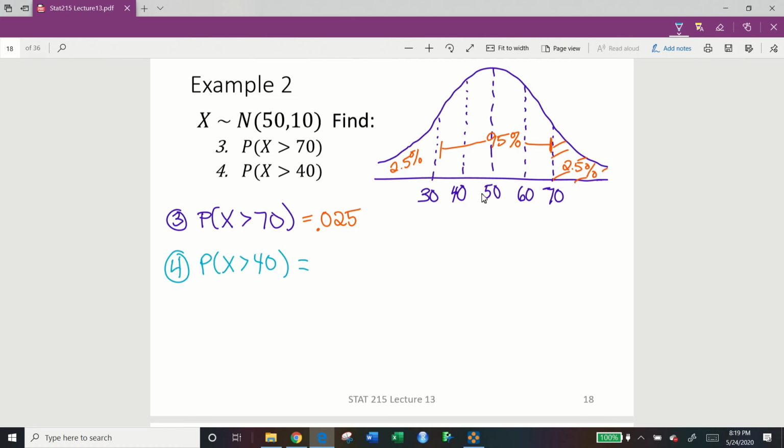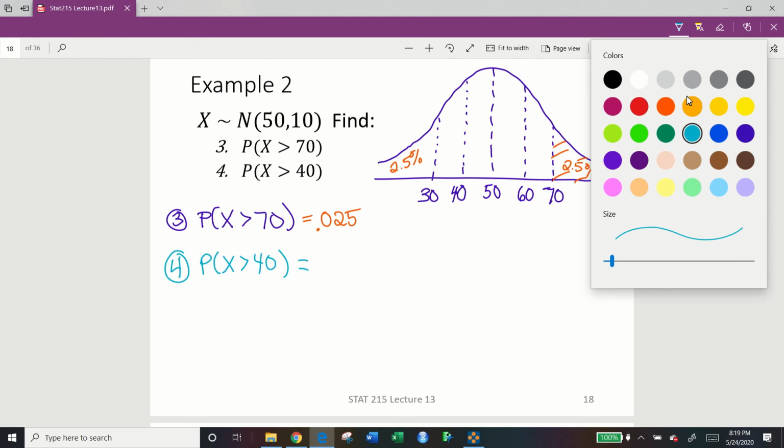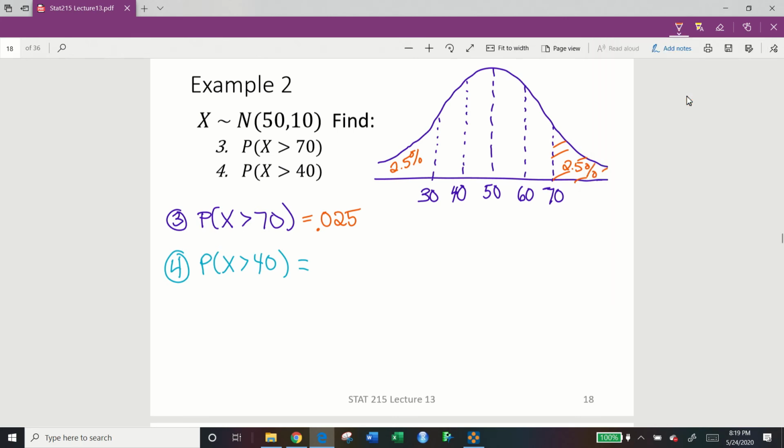So instead of needing that middle 95% from 30 to 70, I'm going to erase that for a second and think back to what we did before within our 1 standard deviation. So we learned that within one standard deviation, we had 60% of our data.